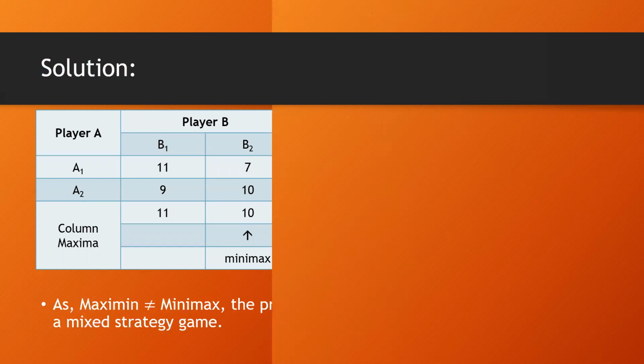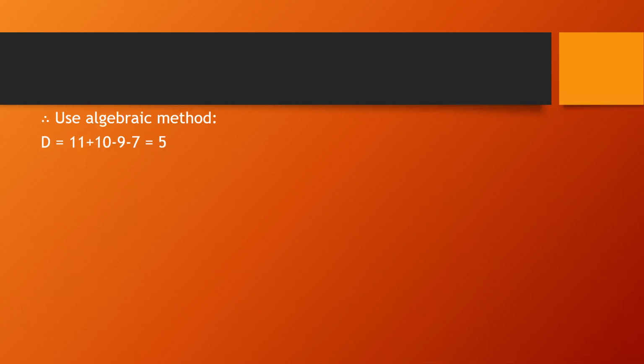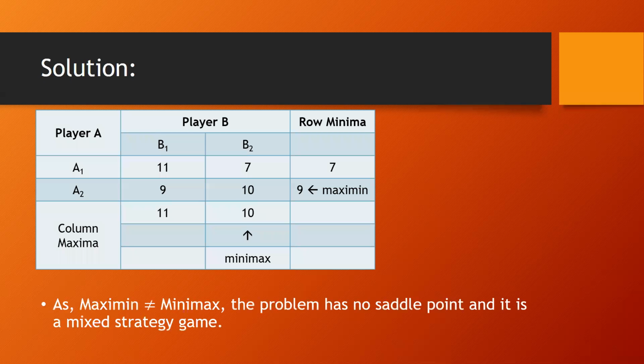Using the algebraic method, first of all, we'll find out the value of D. So D is equal to 11 plus 10 minus 9 minus 7, which gives you 5. Now, finding the probability of player A using action A1, we have to look at the last value, which is 10.